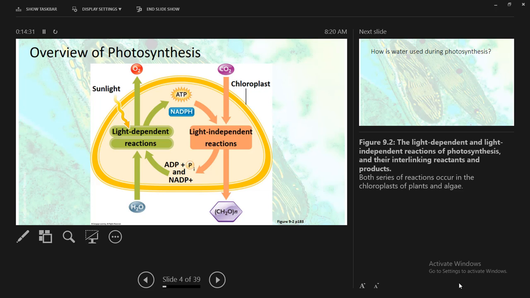Remember that question last time? To get from carbon dioxide to sugar, what's that step? It's photosynthesis, right? And we are reducing carbon.